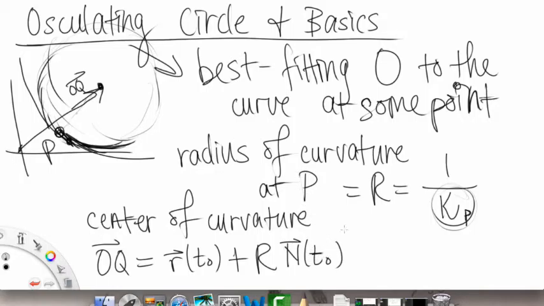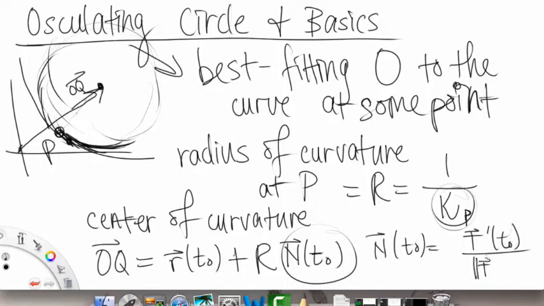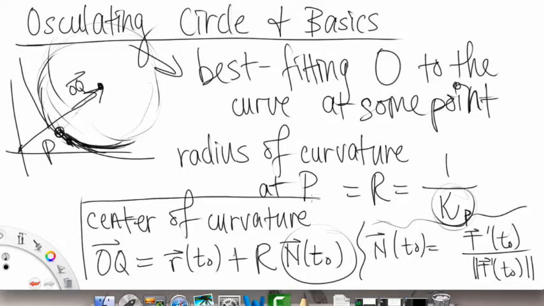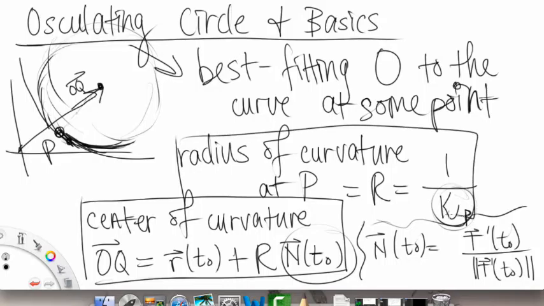And just to refresh your memory, the unit normal at a given point is equal to the derivative of the unit tangent vector at that point divided by the magnitude of that derivative. That's just a side note. So this is the center of curvature at point P, and this is the radius of curvature.